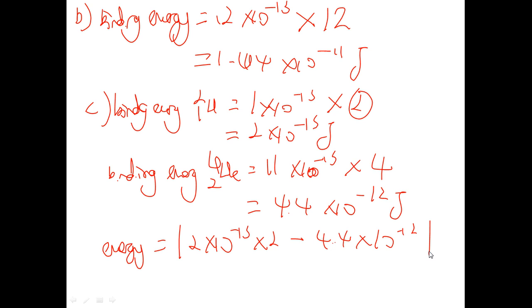So I should have roughly 4 times 10 to the power negative 12 joules, which is the energy released in the equation, whereby two hydrogens become one helium.